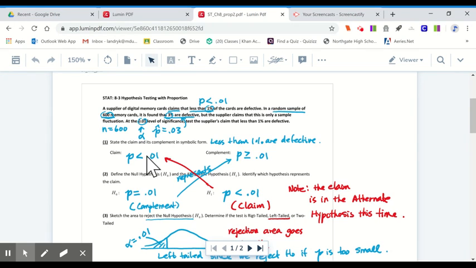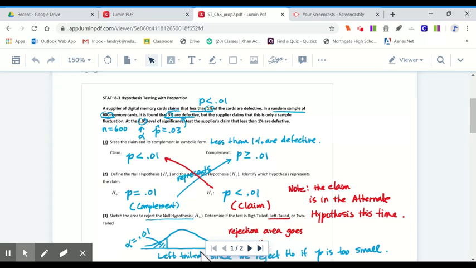So far, we've only done examples where the null hypothesis represents the claim because the claim included the equal to sign. But in this scenario, the claim is P is less than. So the null hypothesis, which is equal to, actually represents the complement, and the claim ends up in the alternate hypothesis.